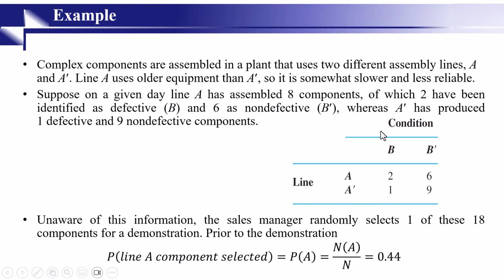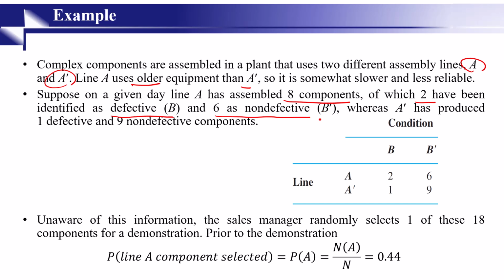Imagine a factory with two assembly lines, A and A prime. These two assembly lines make some complex components. Line A is older than A prime and it produces 8 components, so 2 will be defective, which is event B, and 6 are not defective, B prime, meaning they are okay.